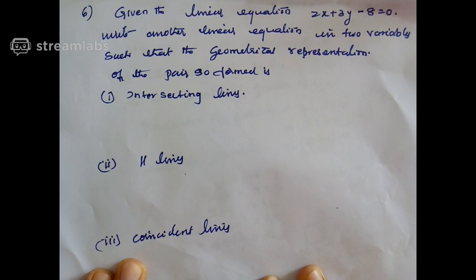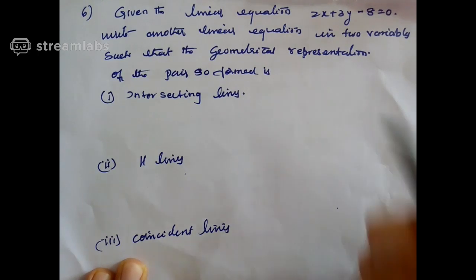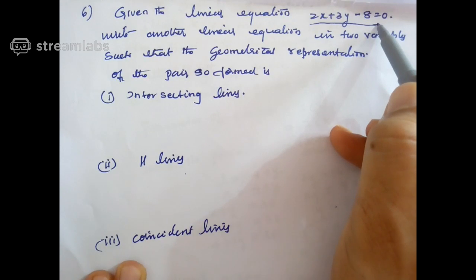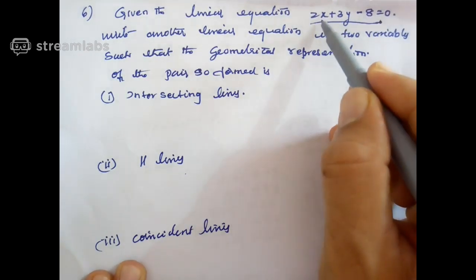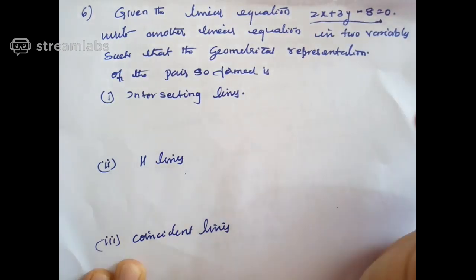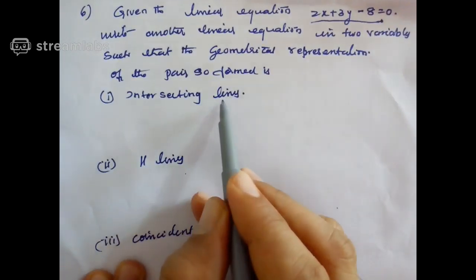One equation is given, 2x plus 3y minus 8 is equal to 0, and you have to write another equation which satisfies the condition of intersecting lines.